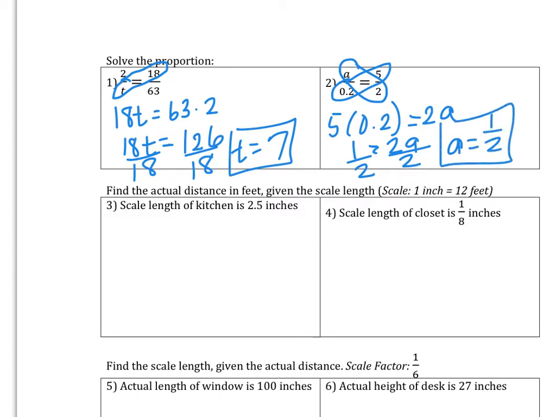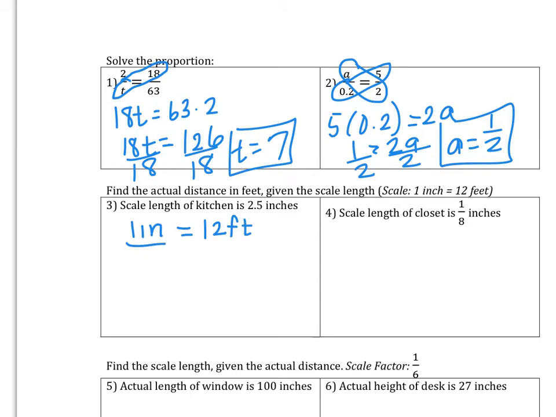That's just some review. Now we're going to, on number 3, find the actual distance in feet given the scale length. The scale is 1 inch for every 12 feet. So number 3, your scale length of a kitchen is 2.5 inches. So we have 1 inch is the same as 12 feet.